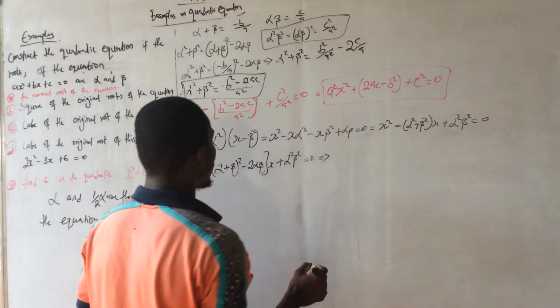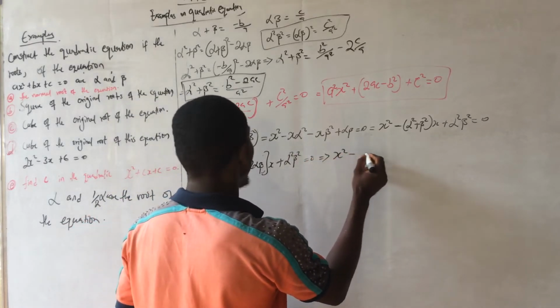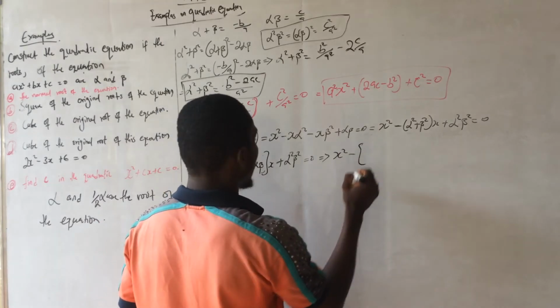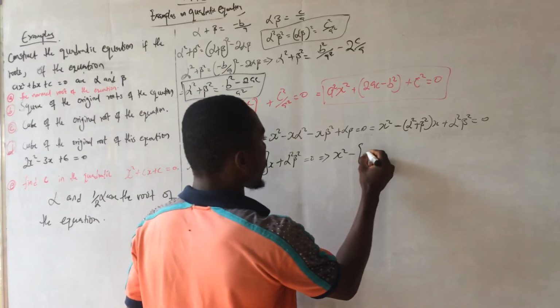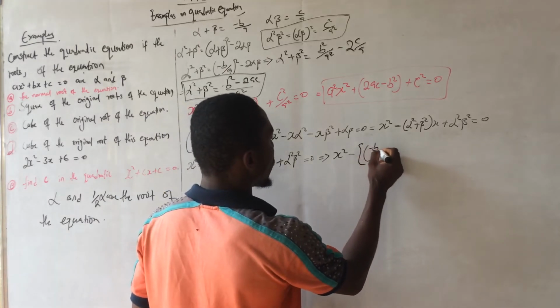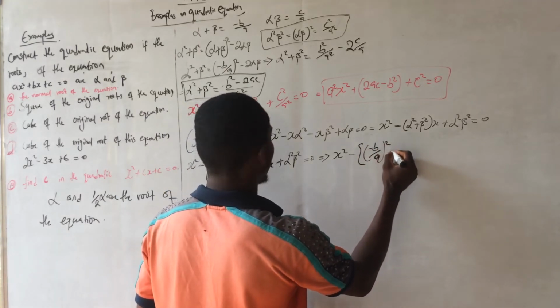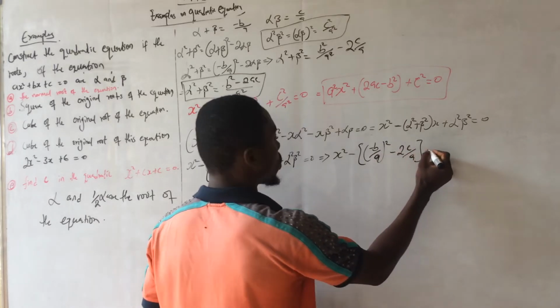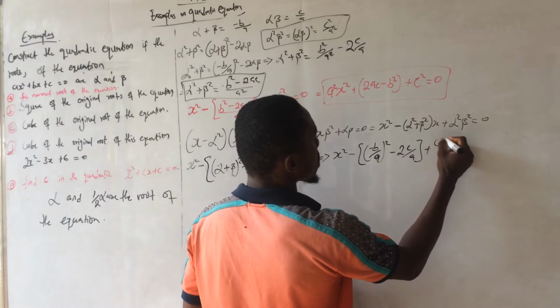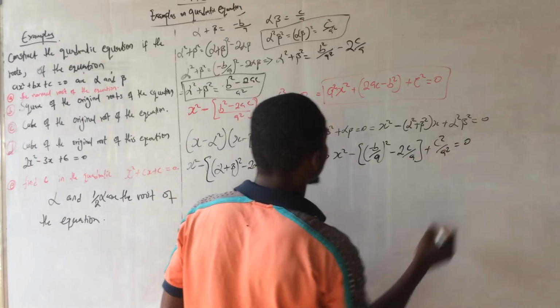This implies that we're going to have x squared minus the chain bracket open, alpha plus beta is equal to minus b over a, which is minus b over a all squared, then minus 2c over a, chain bracket close, then plus c squared over a squared equal to 0.